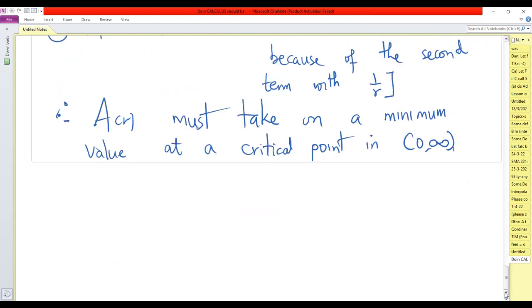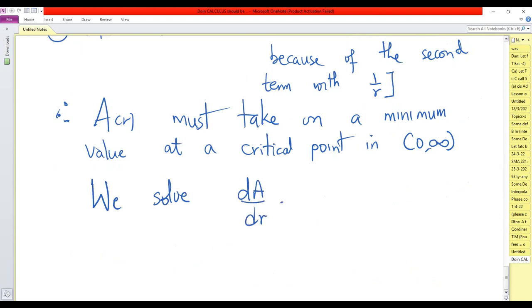To get the critical points, we get the first derivative, equate it to 0, and solve for the value of r.